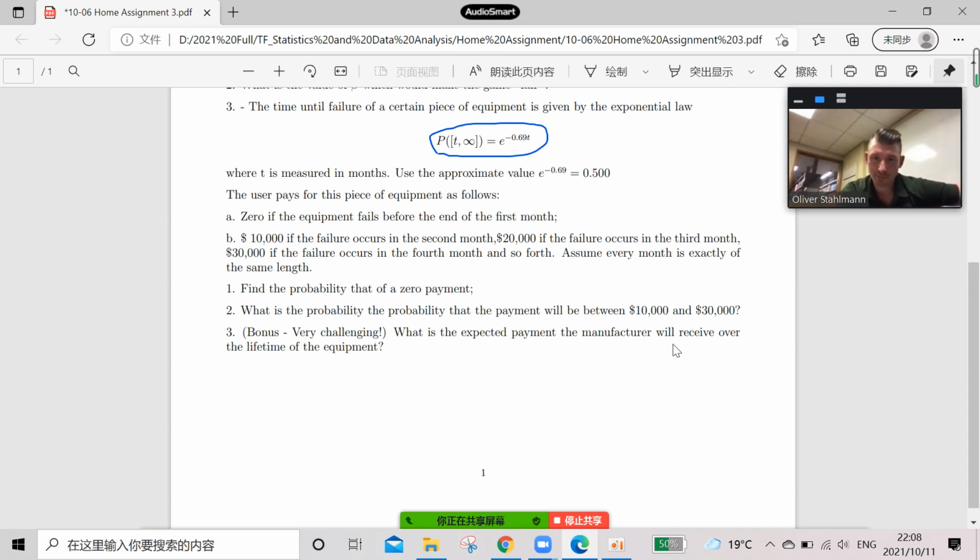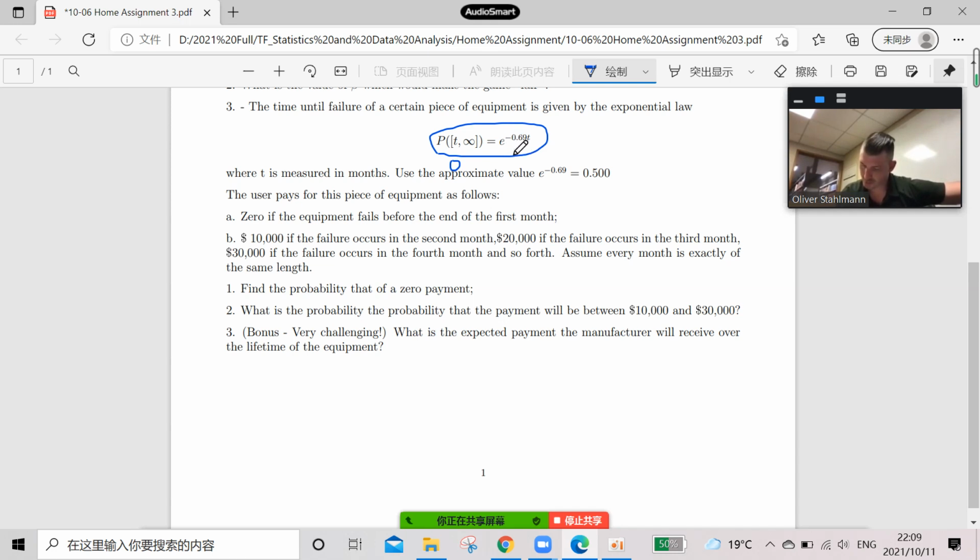Can you refer us to somewhere in the text? For example, just plug in an arbitrary number. A very important number is 0. When t equals 0, what is this probability?